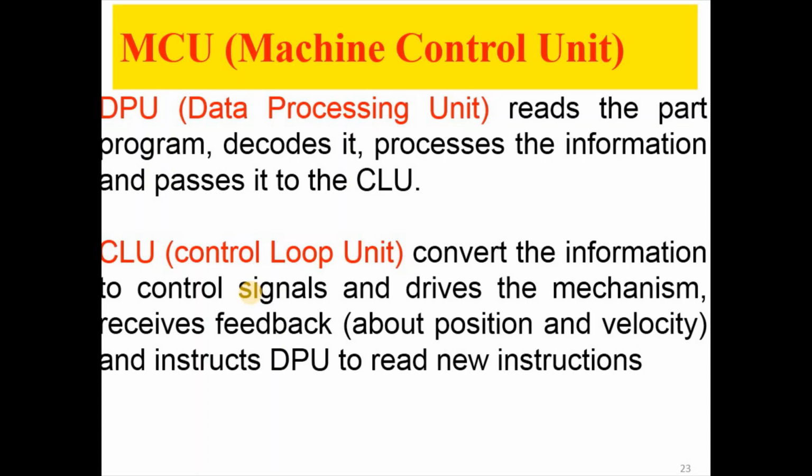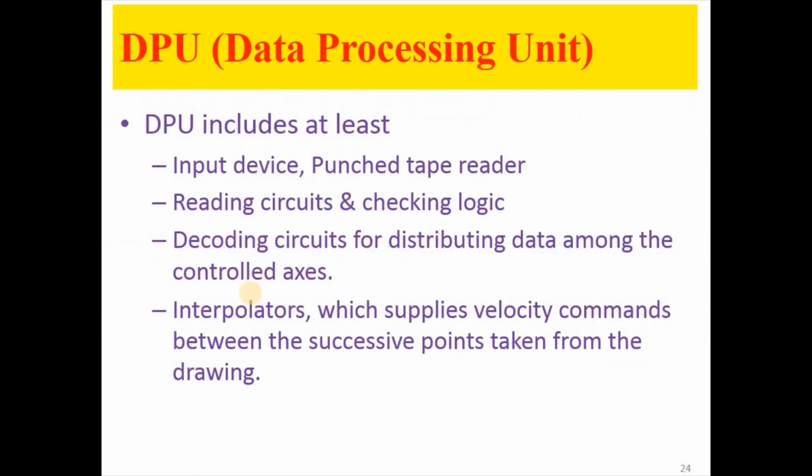Okay, like this each and every block sends signals to the DPU, which sends information to the CLU, which sends the signal to the machine, and they send feedback, and like this they complete all the part program. Okay, so this is the basic function of the MCU, that is the machine control unit.